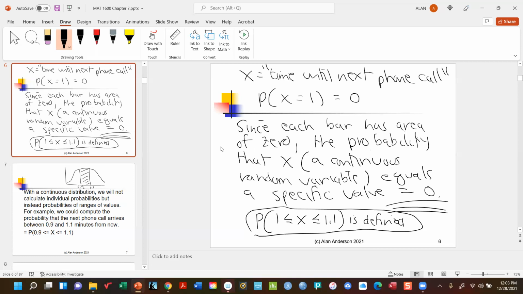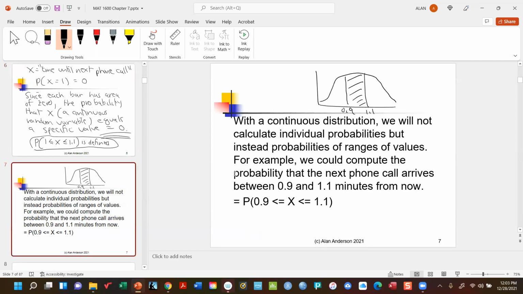Now I see on the next slide, I have an example where I changed it to 0.9 and 1.1 minutes, but you get the idea. So let's say instead we're interested in the probability that the phone call arrives between 0.9 and 1.1 minutes. How do we figure that out? Well, if you look at the curve here, we're looking for the area between 0.9 and 1.1, and that's going to be our probability.